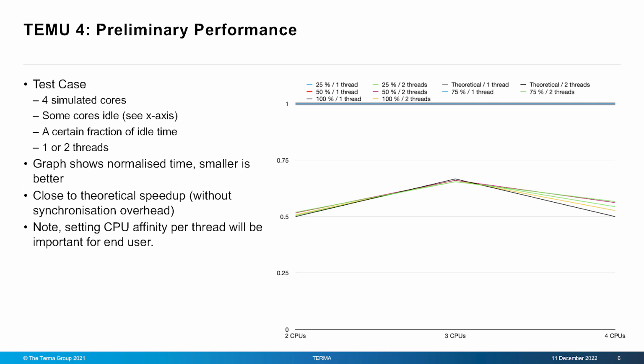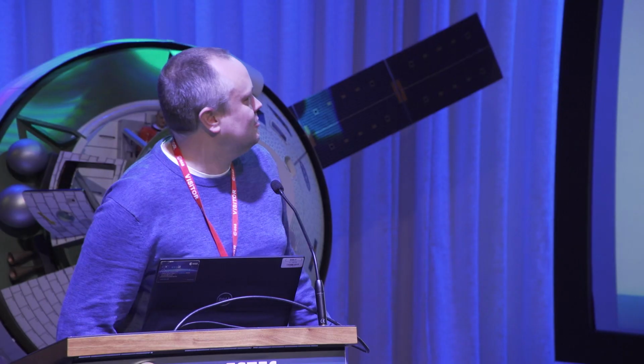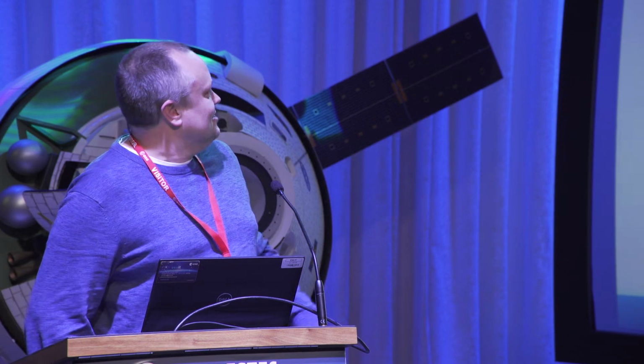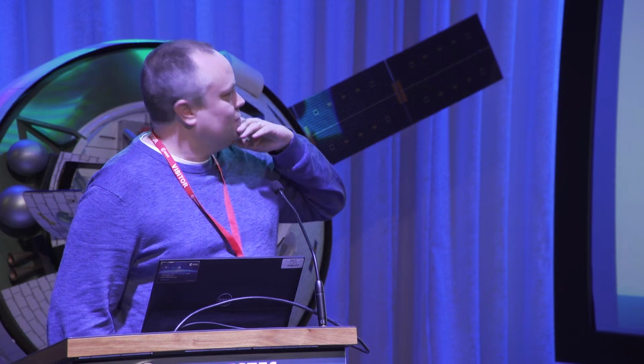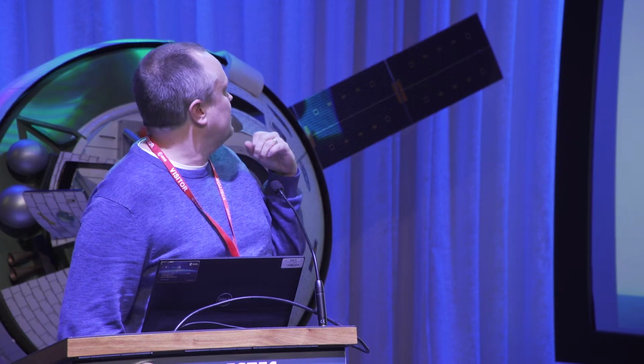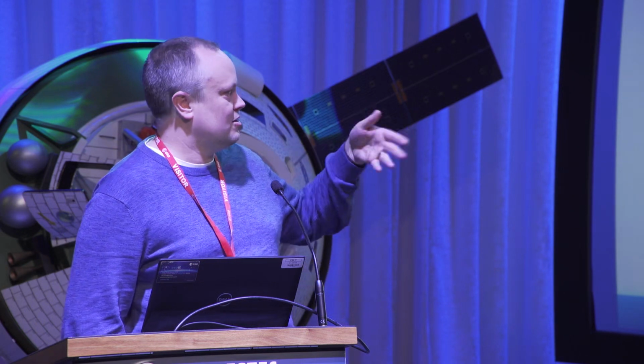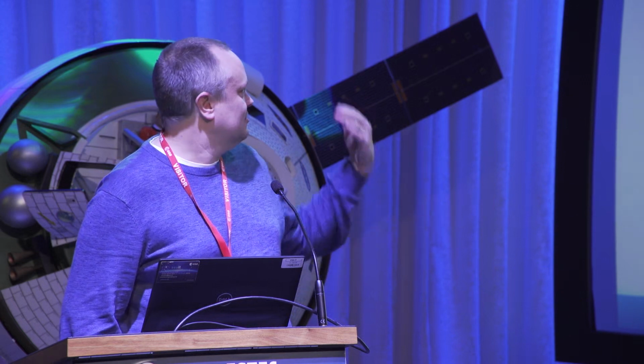For the parallel builds of TEMU 4, we have produced this nice graph. I'm not sure why I did a line chart because it absolutely makes no sense in this. You have 2.5 processors or something like that. This is 4 simulated cores for the GR740. Some of the cores are running a certain percent of the code in idle and doing some work a certain percentage.